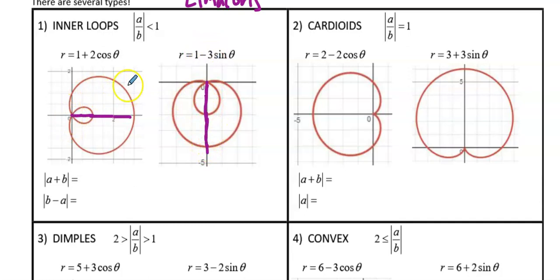If I find the difference of those 2 numbers, 2 minus 1, I get 1, and that's going to be the distance from the pole to the curve that's the closest. 3 minus 1 is 2, and I'm going to find this right here, the distance of our smaller curve. I do also want to say, this is just my silly little thing, that if it's A over B, this is less than 1.